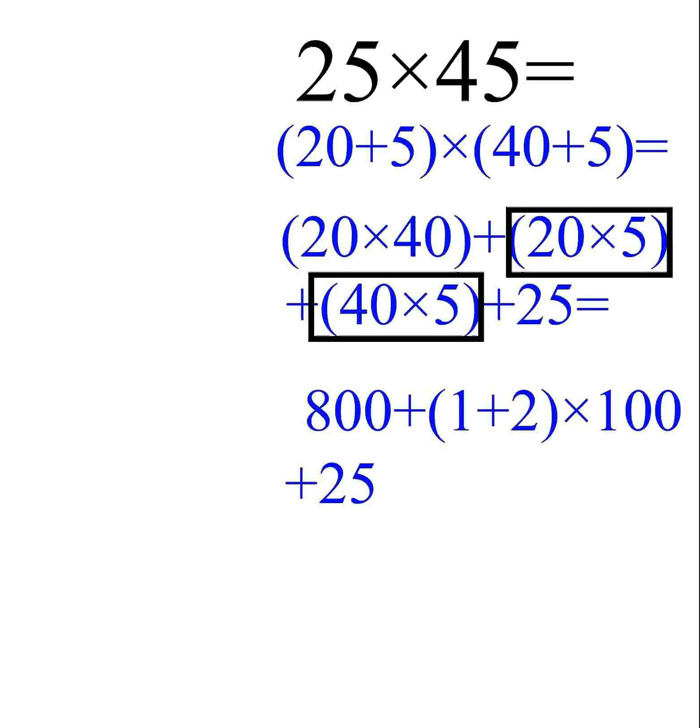Okay, simple. So far we have 800 plus 300 plus 25, or 1100 plus 25, which would be 1125.